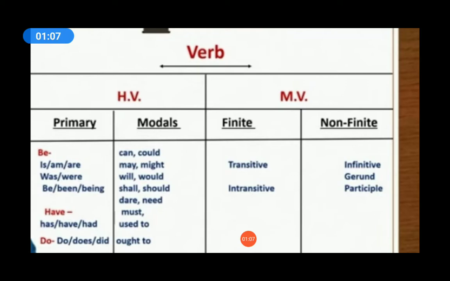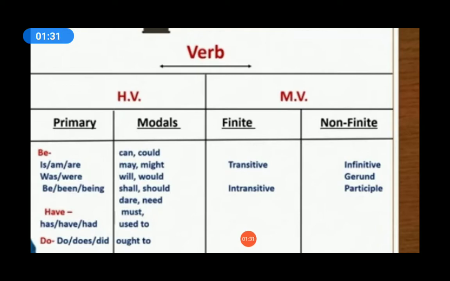You have already read about them previously. Then comes the second type, modals. They are also called modal verbs or auxiliaries. And this type includes can, could, may, might, will, would, shall, should, etc., which you can see on your screens.